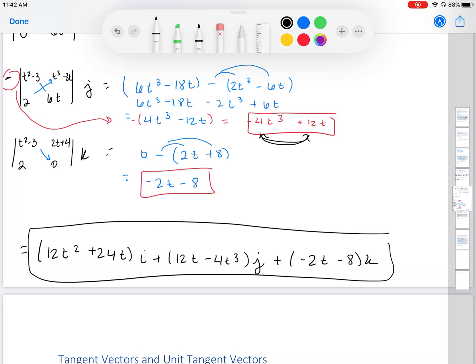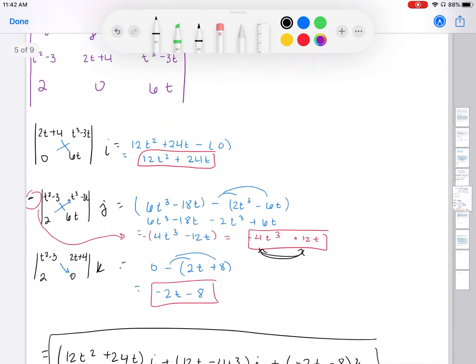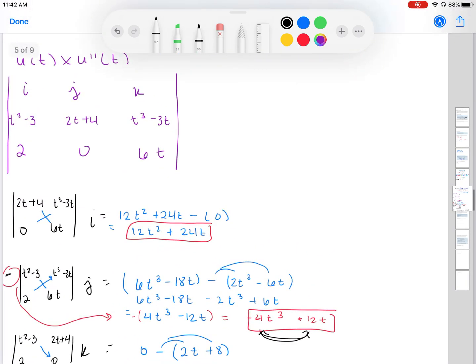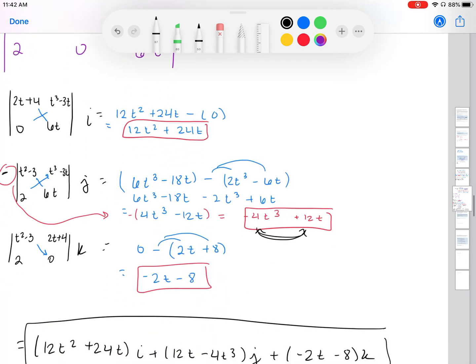Not so bad. Be very careful with your cross products of 3 components. There's a lot of room for silly mistakes.